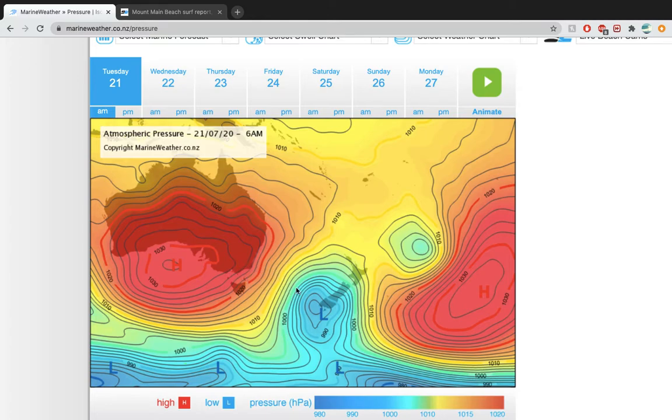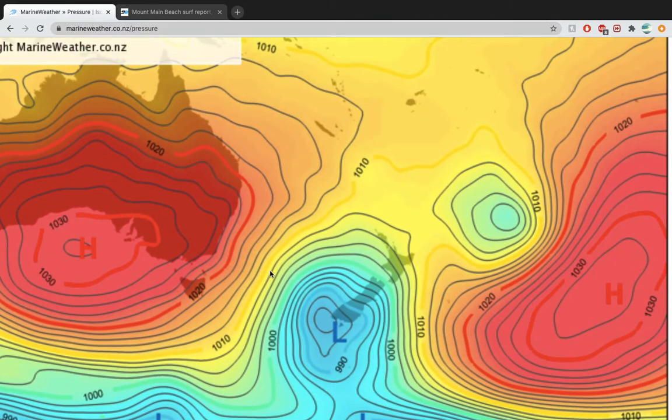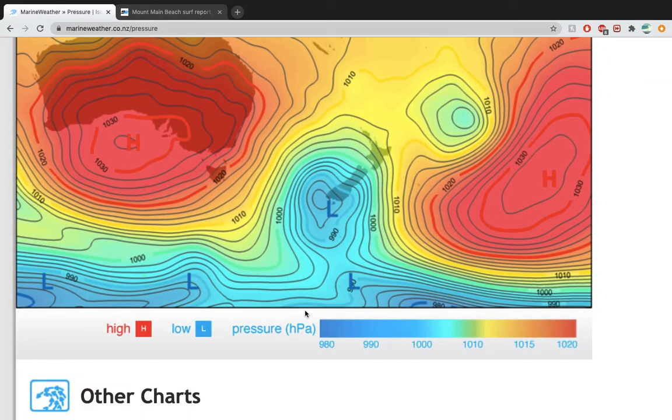Now the next thing to note would be how close these lines are together. The lines just represent equal lines of pressure.